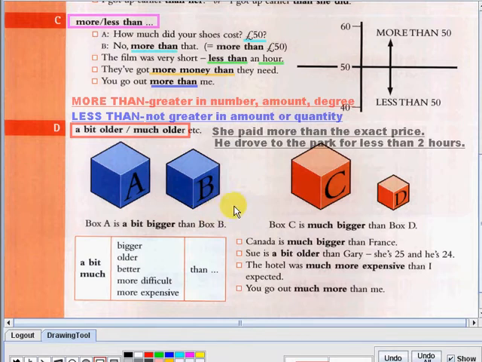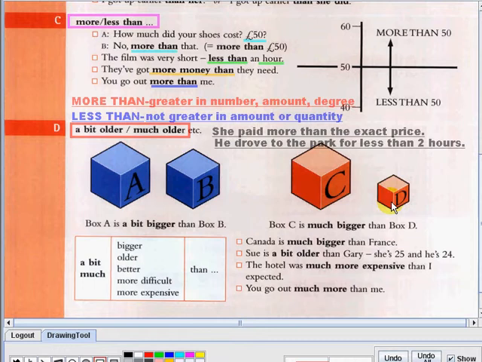Now let's have the next sentence. Box C is much bigger than box D. Okay, in this sentence, it means that box C has greater size than box D because the word much means great in quantity or degree, like the word more than.